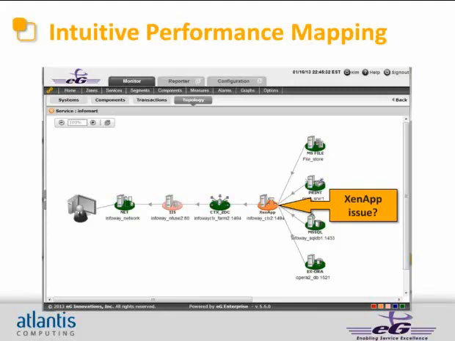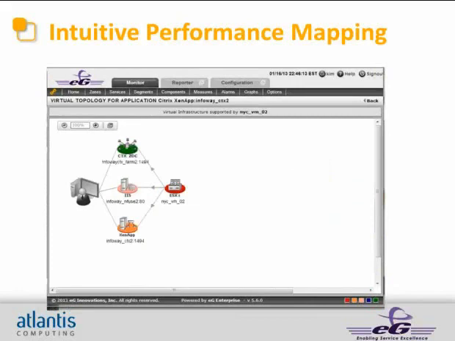You can see all these different entities, applications existing together, and you can also see the dependencies by way of the arrows there, essentially showing you an end-to-end view of all the applications involved in delivering the service to the end user. So from here, it looks like XenApp is the application that is having the more serious issue. Drilling down from there takes you to the actual infrastructure layer.